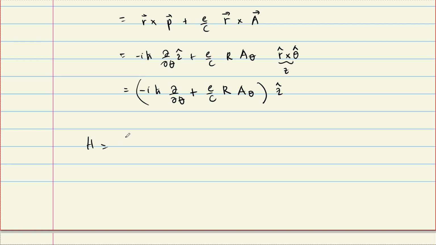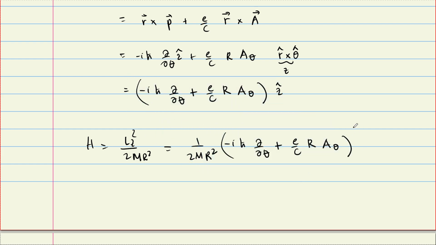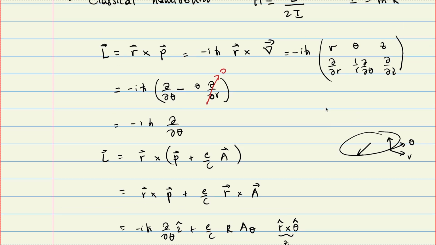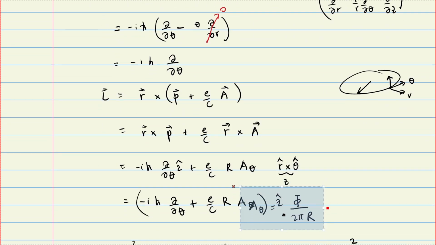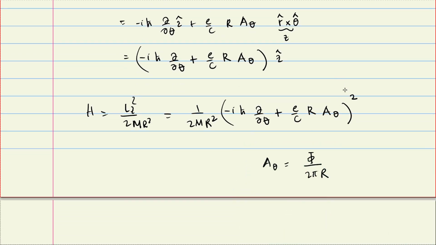Now the Hamiltonian is Lz squared over 2 m r squared, which is 1 over 2 m r squared times the square of this thing. Now I can write what I found for A. So A of theta was found to be like this here. Let me push this a little bit.